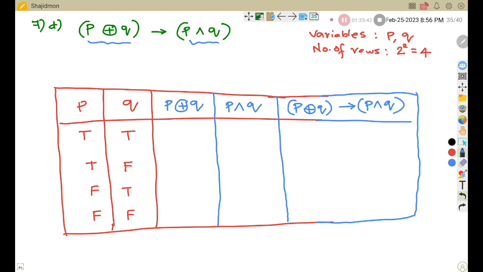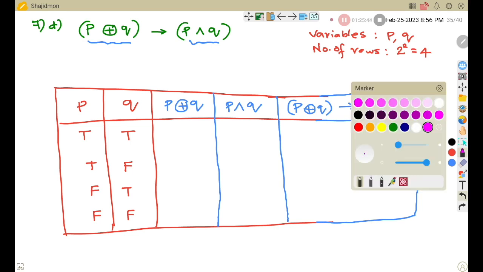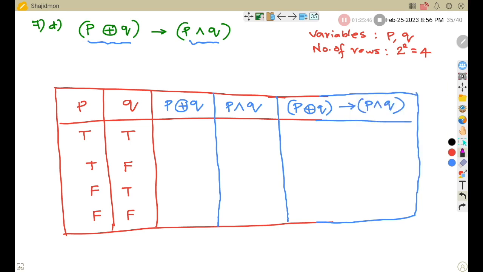Now we will answer here one by one. First P XOR Q. True and true XOR means it is false. Both true means false. True false means true, correct. False true means true. False false means false, correct. One of them true, true, otherwise false.